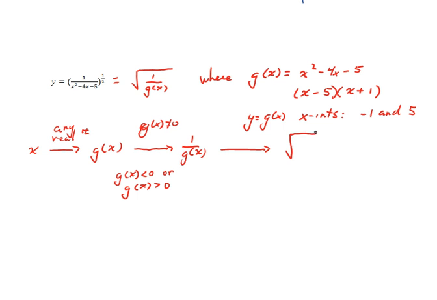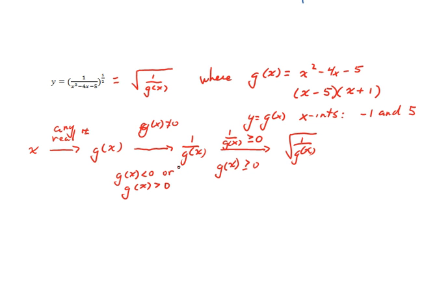When we take the square root of 1 over g of x, then 1 over g of x must be greater than or equal to 0 because of the domain of the square root. And so, if 1 over g of x must be greater than or equal to 0, then g of x itself will have to be greater than or equal to 0.